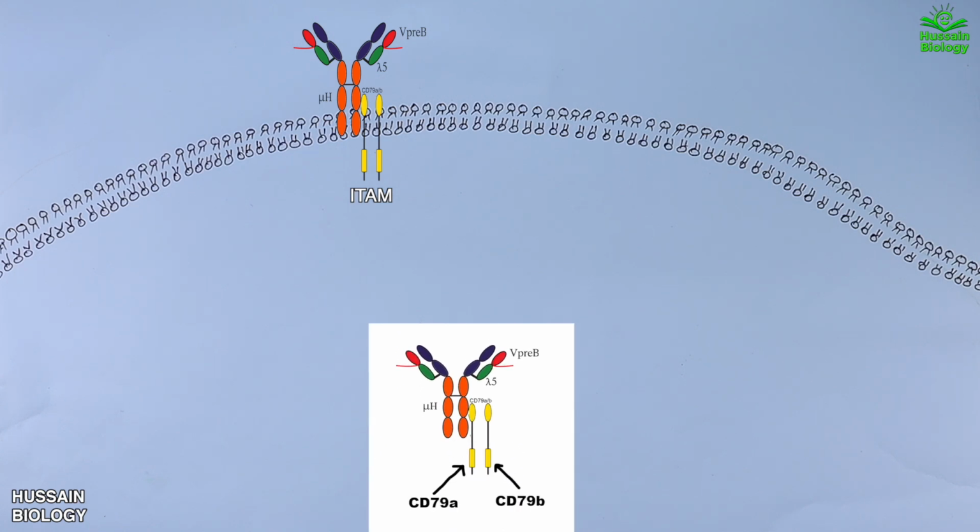Both these CD79 protein molecules contain ITAM motifs, which play a central role in transmitting the signal inside the cell. Also present in the membrane is PIP2, phosphatidylinositol 4,5-bisphosphate, shown in the diagram, which will be used later in this pathway for second messenger generation.